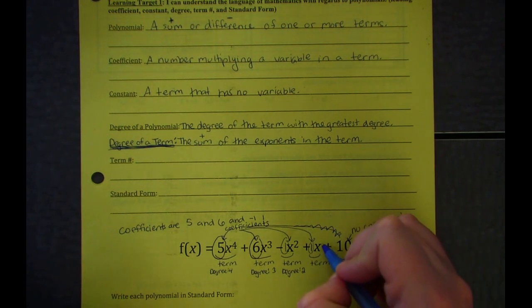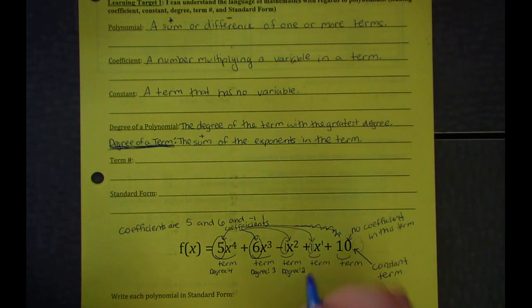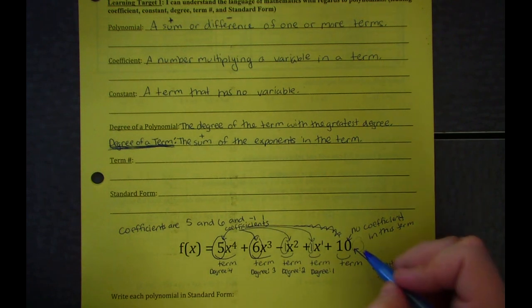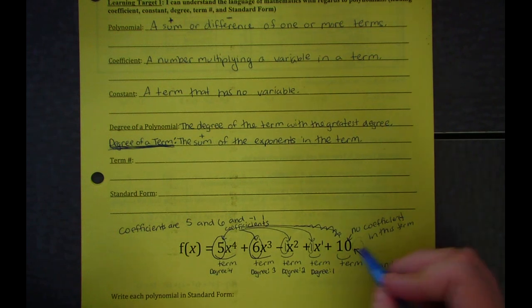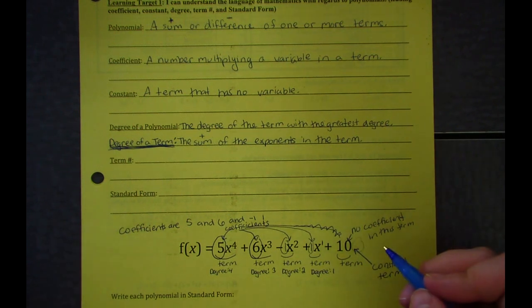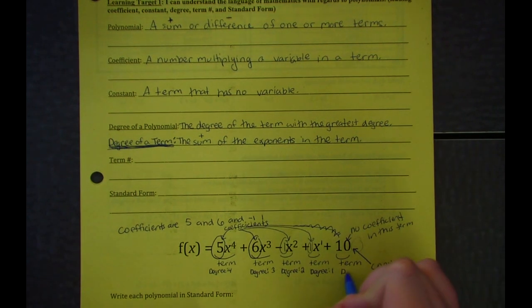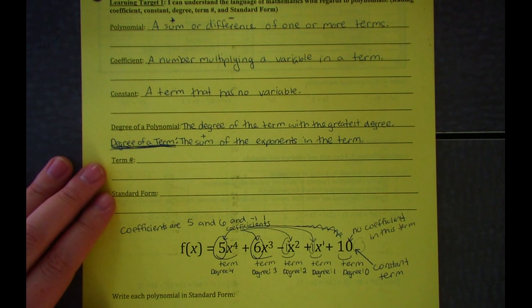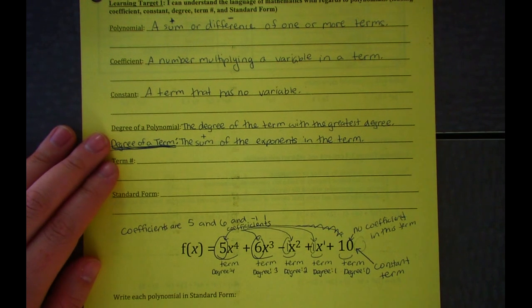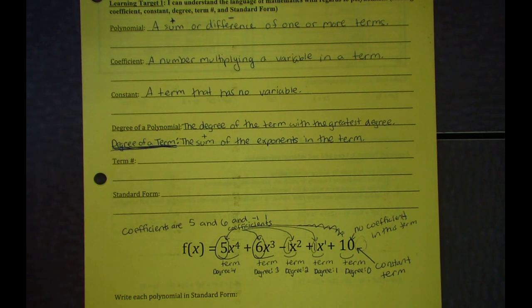Here, there is a degree of 1. And here, technically it has a degree of 0 because there is no x. It's like x to the 0 power, which is really just 1. So we'll just say that the degree here is 0. Okay? Now the degree of the polynomial is whatever the degree of the greatest degree is.